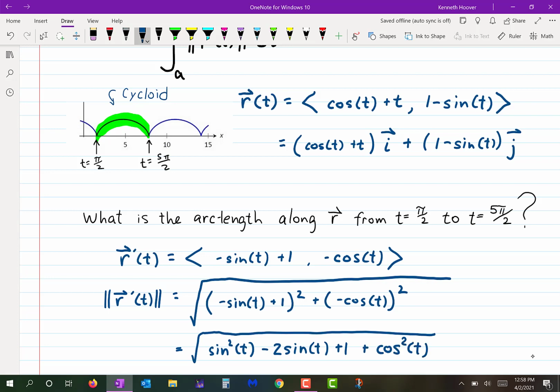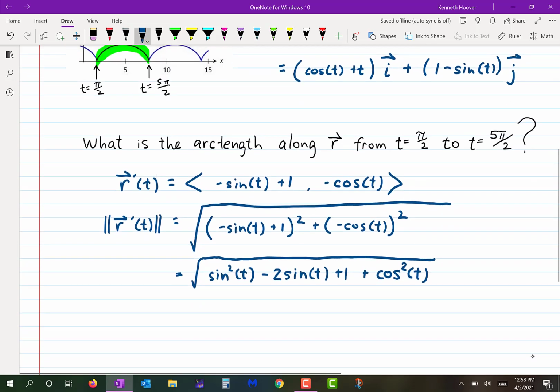Now the sine squared plus the cosine squared gives us 1. Added to the one that's already there, we end up with the square root of negative 2 sine of t plus 2.